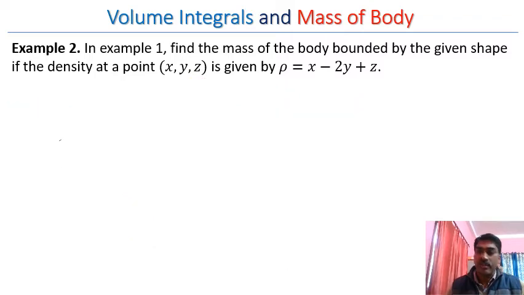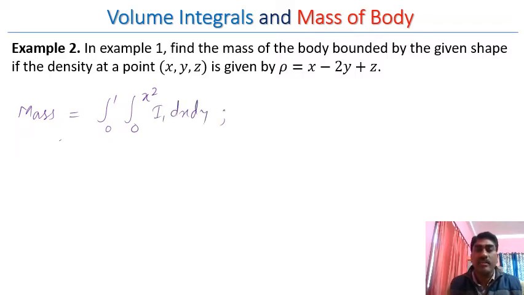So what we obtained is mass is equal to 0 to 1, 0 to x square I1 dx dy. So again simplify, take integral of the inner one. So again, if you consider it separately, it will be easier to write.